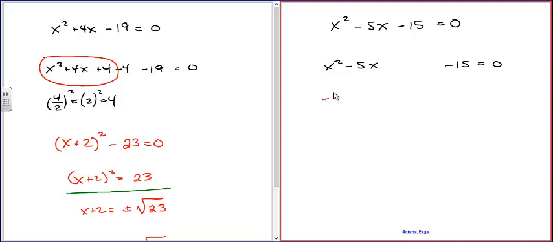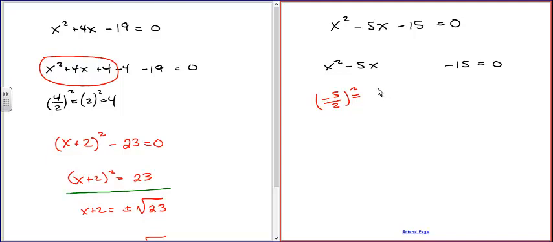We take our coefficient, which is negative 5, divide by 2, and square it. So you can't simplify it here. 4 divided by 2 is 2, but here, because it's already a fraction, you can't really simplify it. So we don't have an intermediate step.